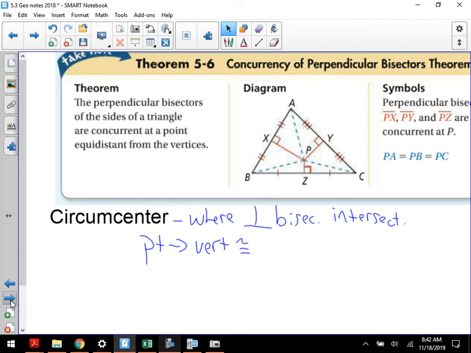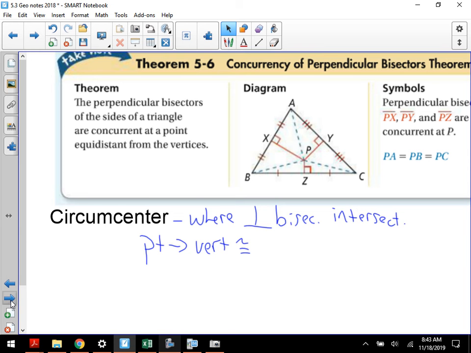By the point, I mean the point where they intersect. So it's point to vertex are all congruent. On my diagram, I would draw from here to here.